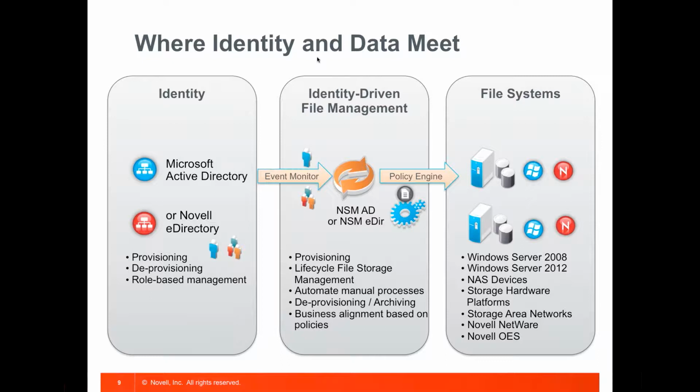When you put in the identity-driven file management piece, we listen for those changes, we feed them through the policy engine, and then we can create and/or manage files, quotas, access to folders, and also provide things such as template files if necessary for people to do their job.